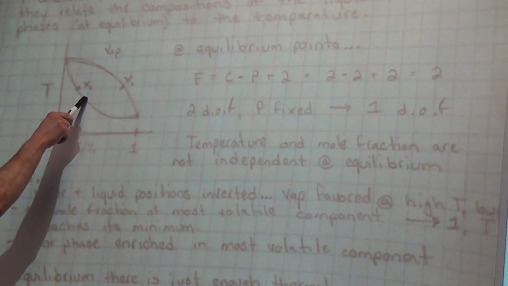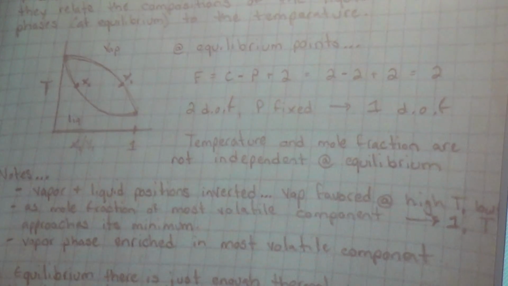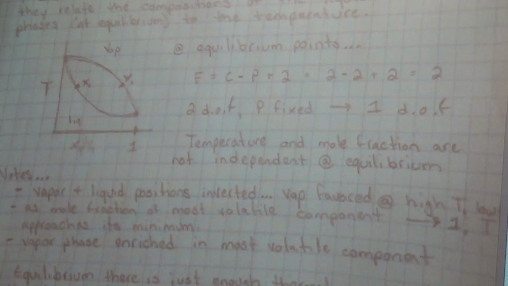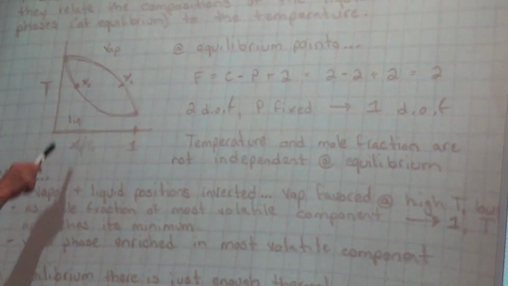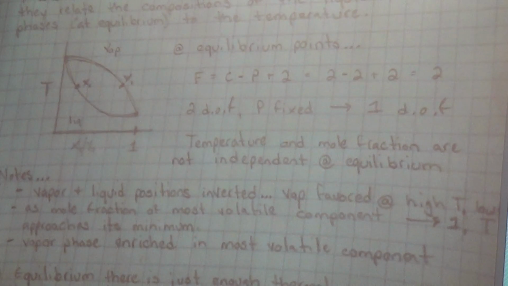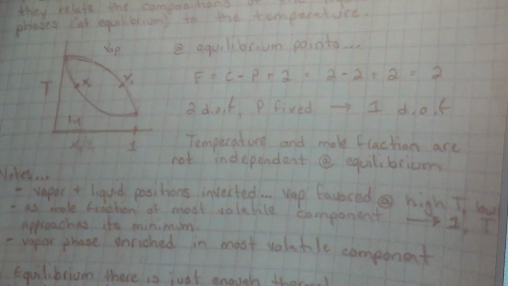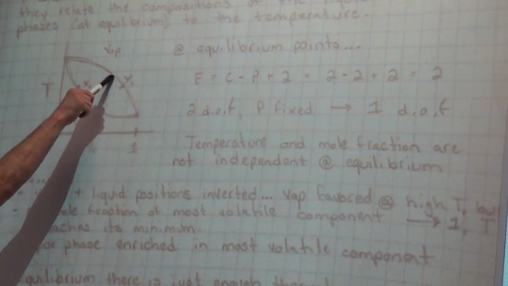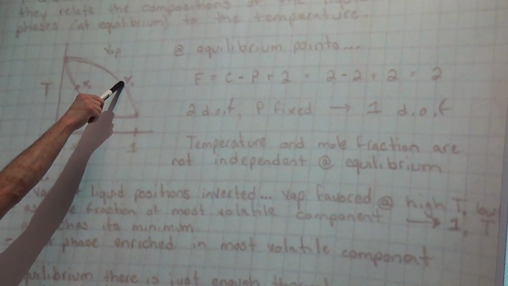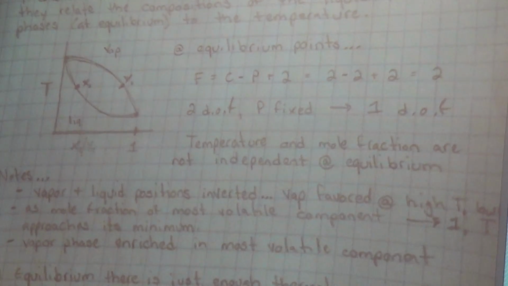And the point on that line that you intersect gives the mole fraction of the components in the solution. This line right up here communicates the same thing. It tells you what temperatures and mole fractions will be in equilibrium, except now the points on this line represent the mole fraction of a component in the gas phase.